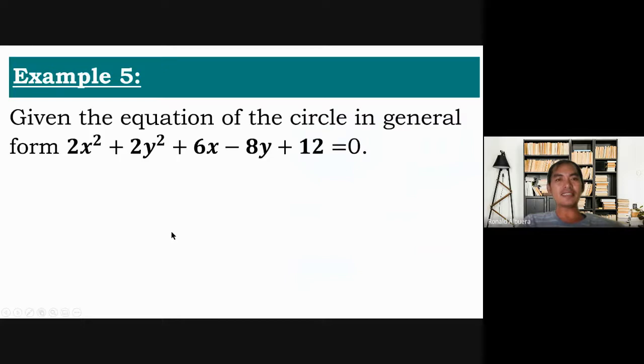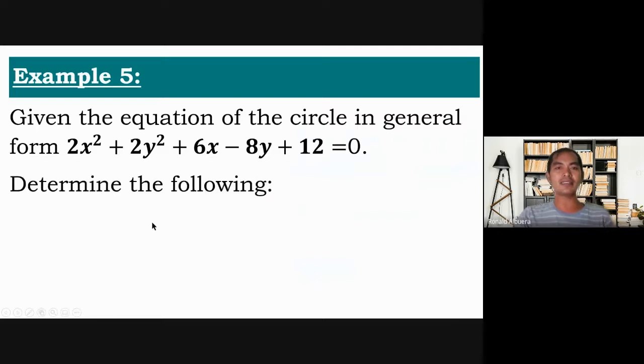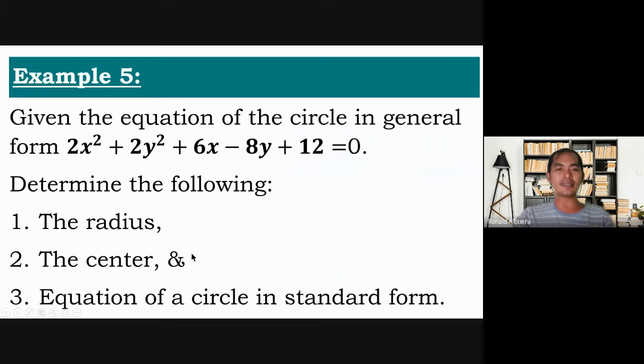Another example. Given the equation of the circle in general form, 2x squared plus 2y squared plus 6x minus 8y plus 12 equals 0. Determine the radius, the center, and the equation of the circle in standard form.